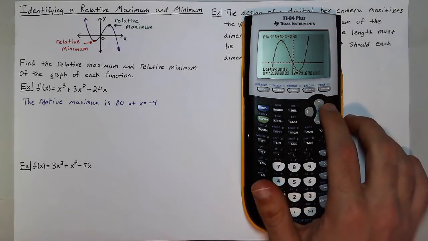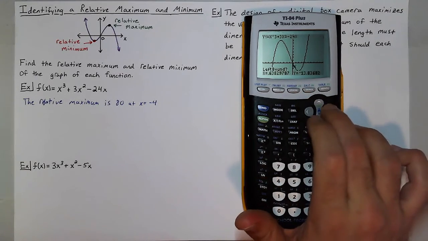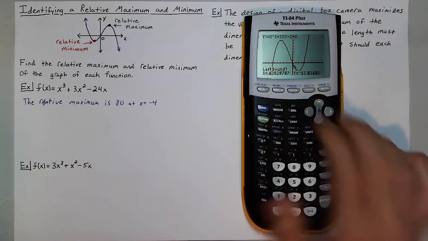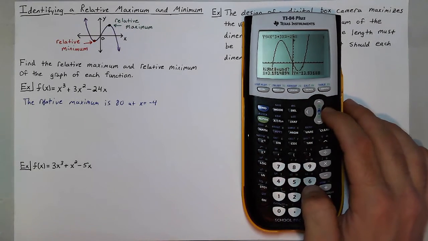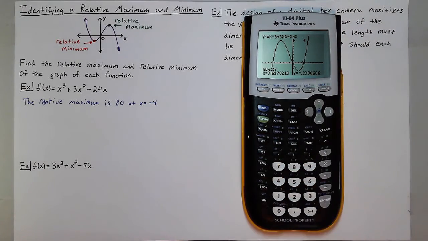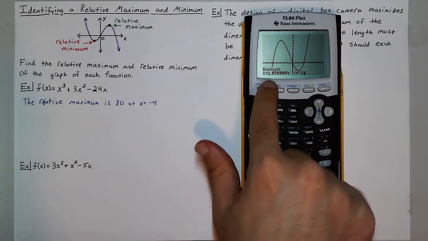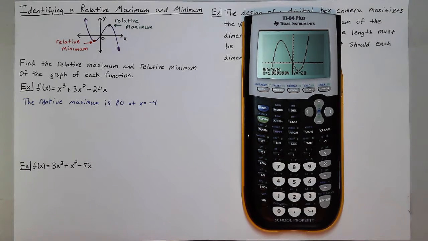I'll move my cursor to the relative minimum, which is all the way over here on the right, and I'll go slightly to the left of it, hit enter. Then I'll go to the right of it, I'll hit enter, and again those arrows are pointing inwards towards my relative minimum, so I'll hit enter one more time, and it's going to say it's at 1.999994, -28.